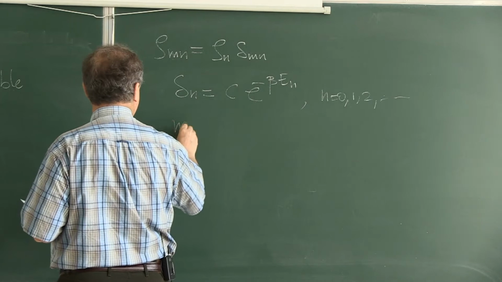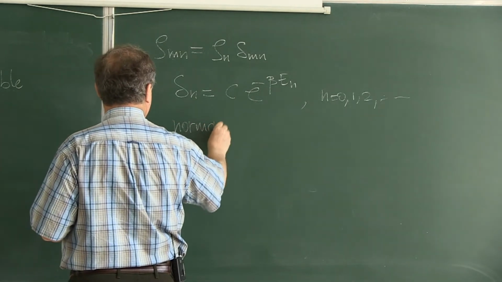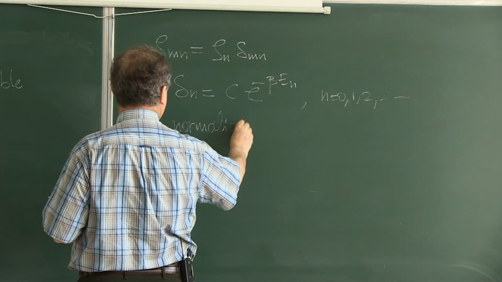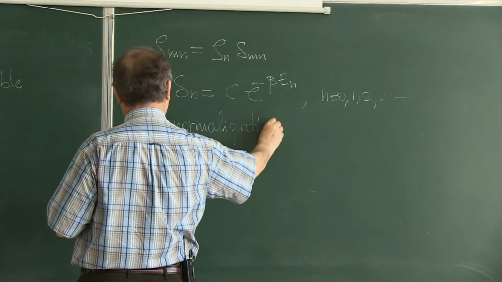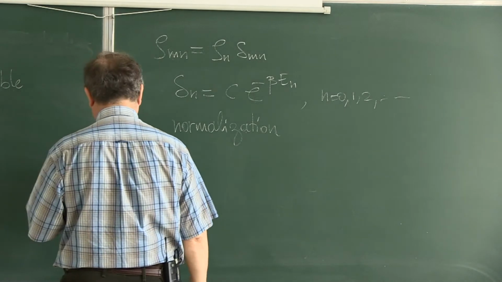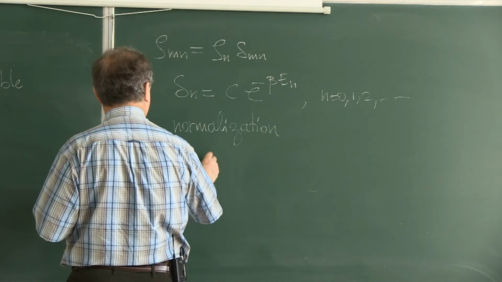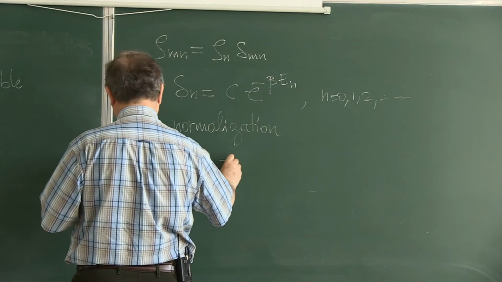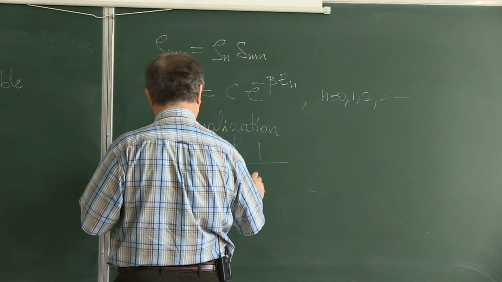Normalization condition gives you the constant as 1 over the partition function.